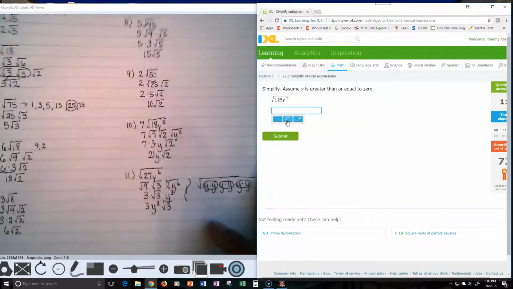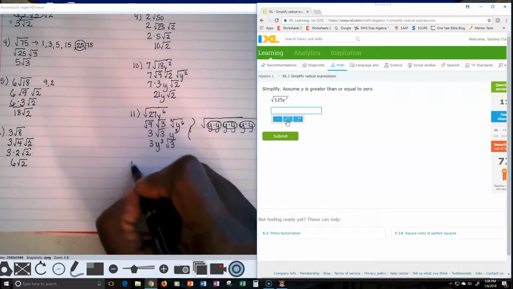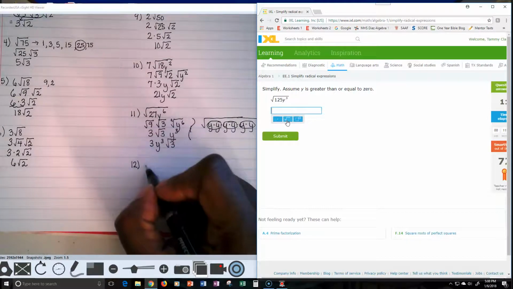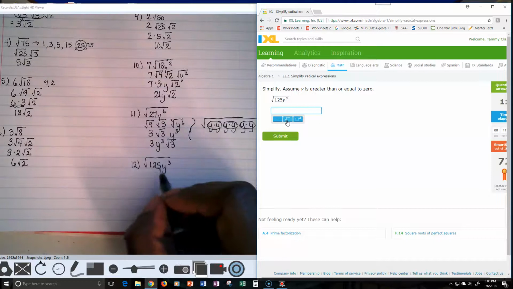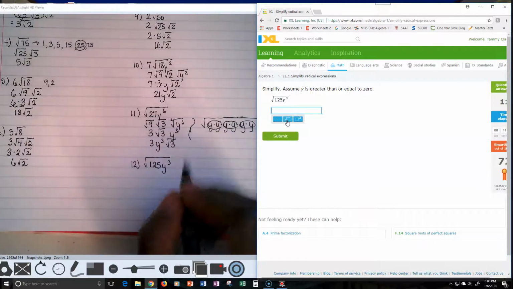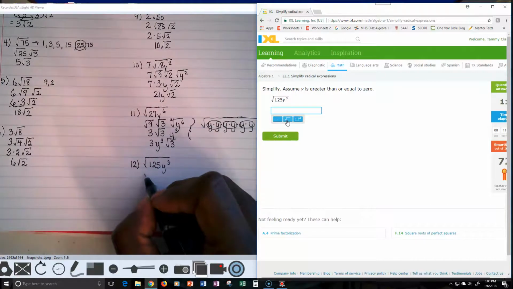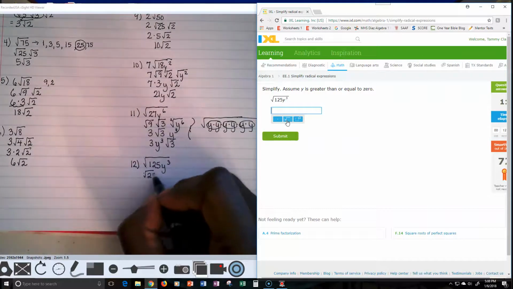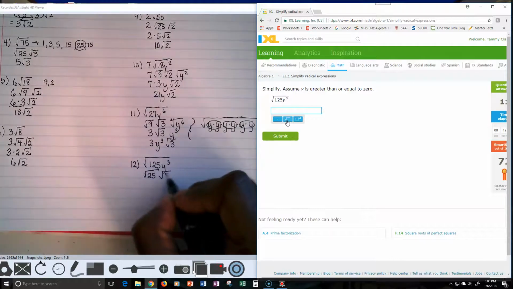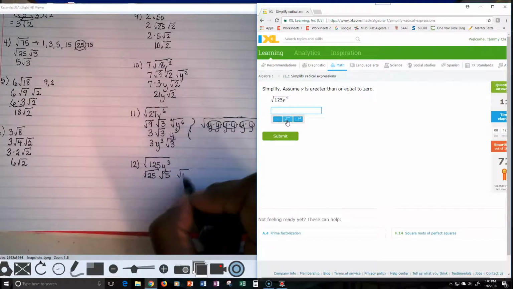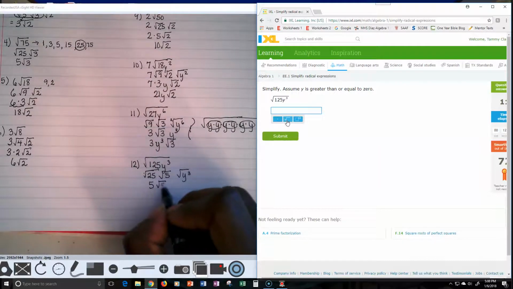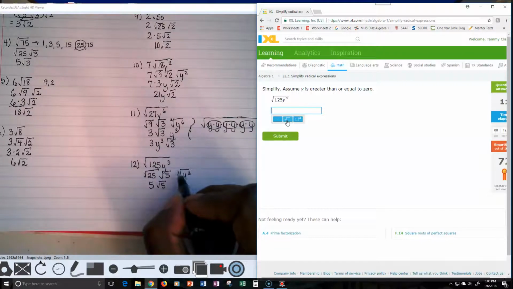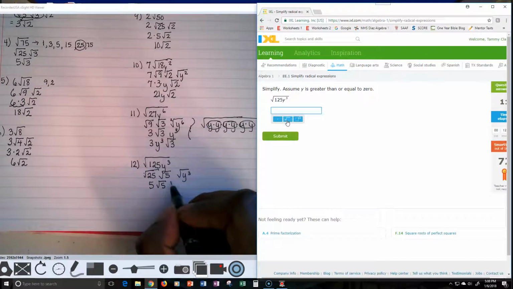Let's go ahead and look at number 12. We have root 125 y cubed. So we know this is 25 times 5, so that's square root of 25 times the square root of 5 times the square root of y cubed. So the square root of 25 is 5. We're going to keep root 5, but if I divide 2 into 3, then it's not even.